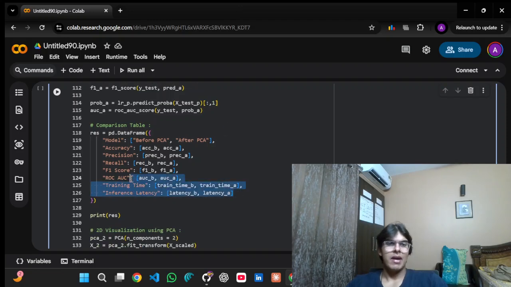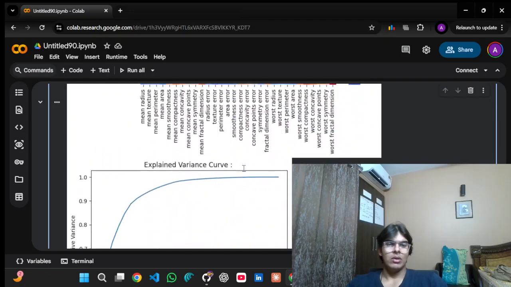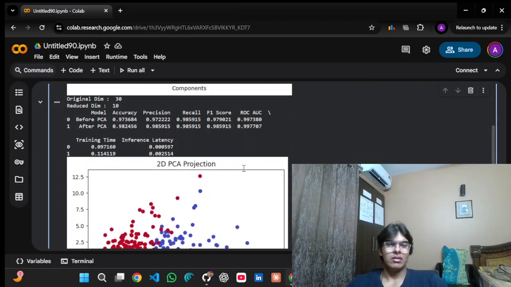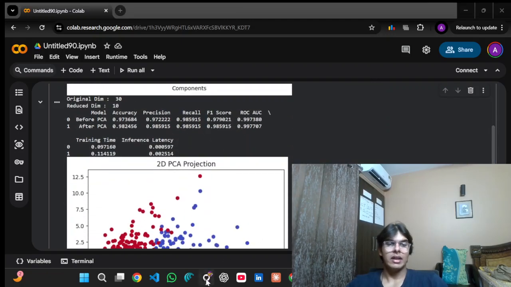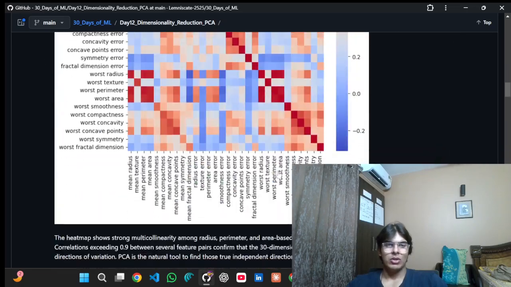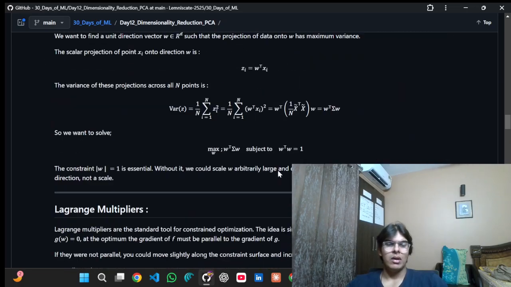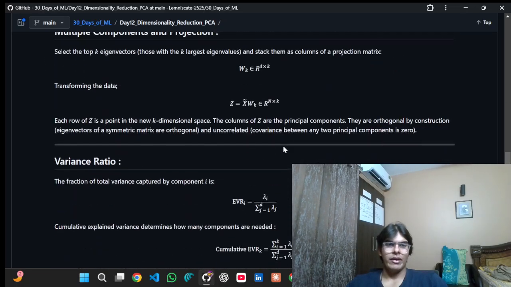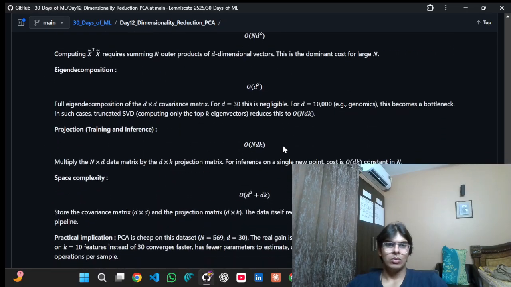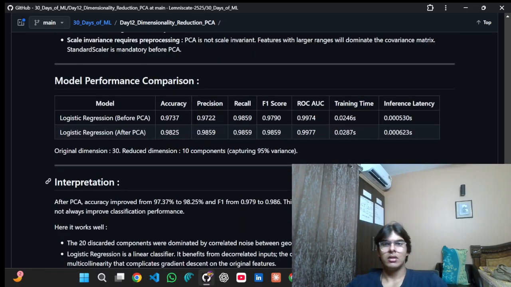This will give us a comparison table based on all of these metrics. You can look at the results here again. This is what the table came out as. I basically made it in the repo again so that it looks more readable. This is all of the math that we have already discussed. Let me quickly show you. See this, this is the inference latency.